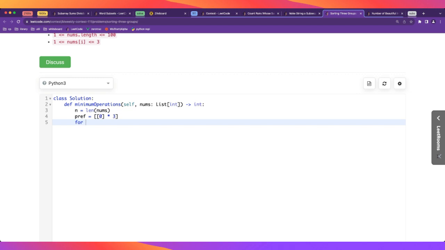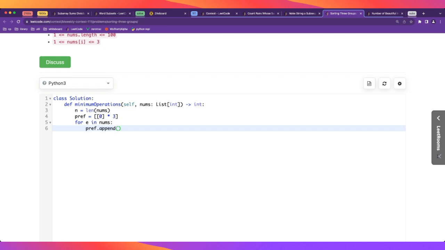So we go over the elements, we append a copy of the previous, and then we add 1 to this.